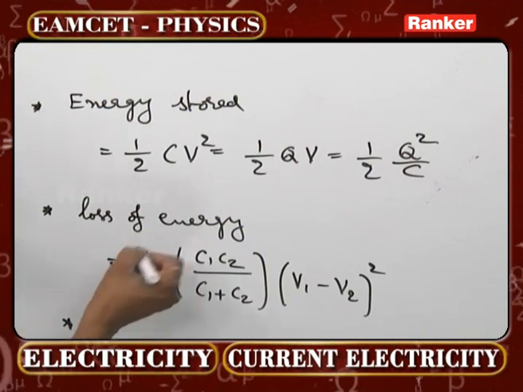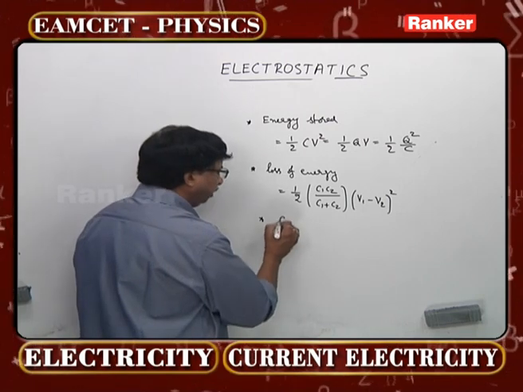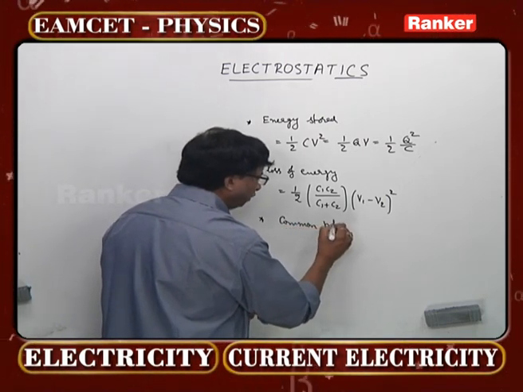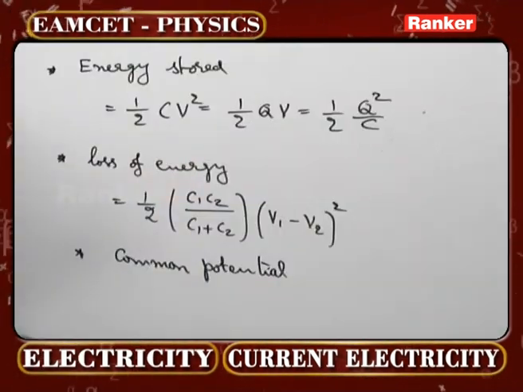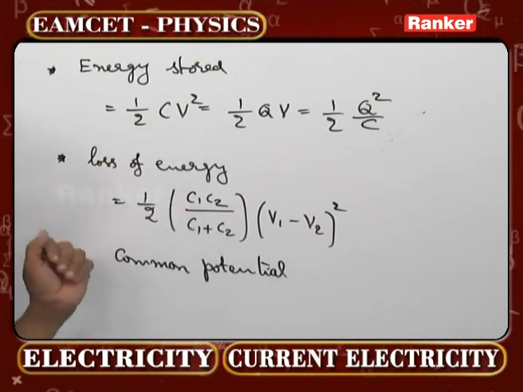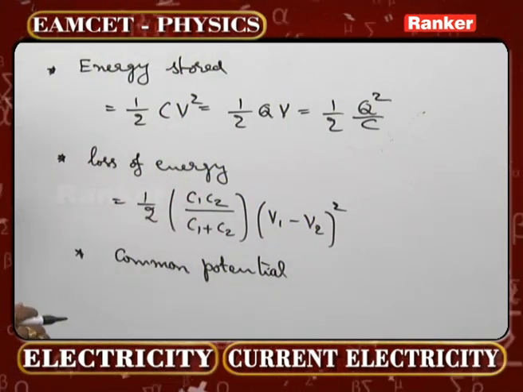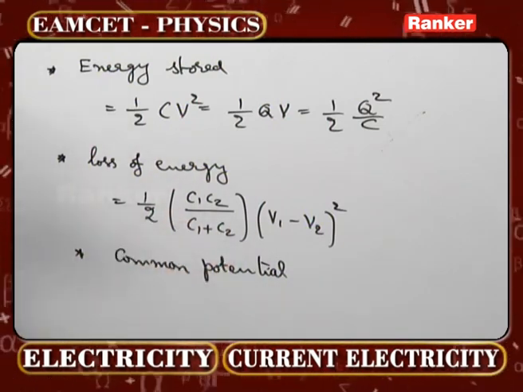Likewise, one more connecting concept is the common potential when two different capacitors are connected, or when two different bodies having different charges, different potentials and different capacities are joined by a connecting wire like a conductor. Then what would be the common potential?